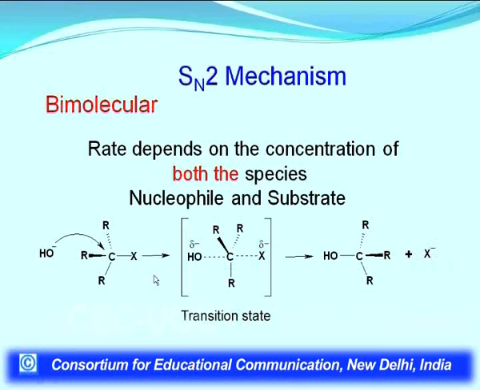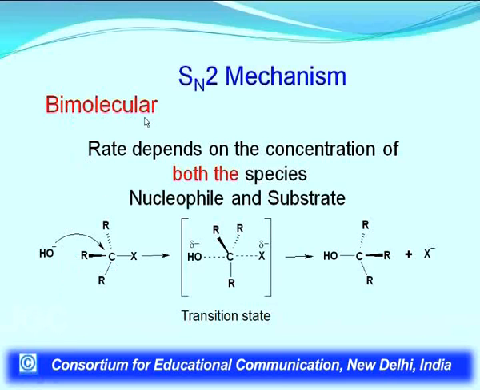So, this is a one step process for this nucleophilic substitution reaction by the SN2 mechanism. We call it bimolecular also, because there is one step which is the rate determining step, and both the species, that is the reagent as well as the substrate, are taking part in that. Two molecules are taking part in the rate determining step, and there is only a single step involved.